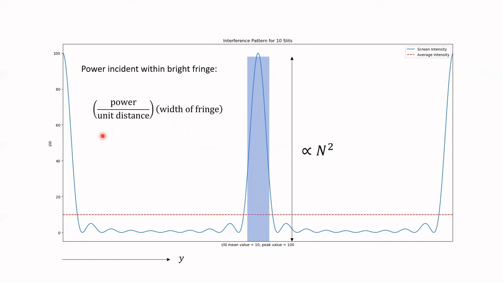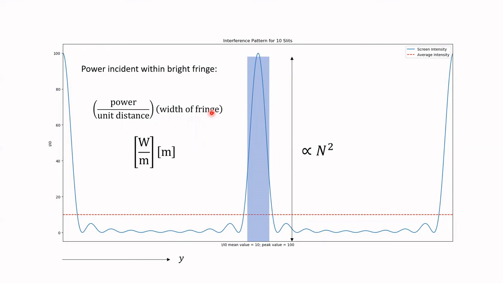2 milliwatts of power for each millimeter. Well, if the width of one of the bright fringes was 3 millimeters, so a rather spread out bright fringe, 2 milliwatts per millimeter times 3 millimeters would give you 6 milliwatts of power incident on each of those bright fringes.